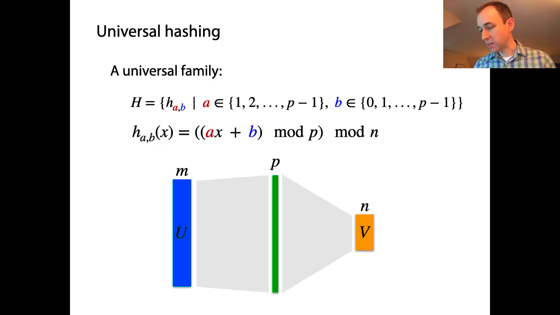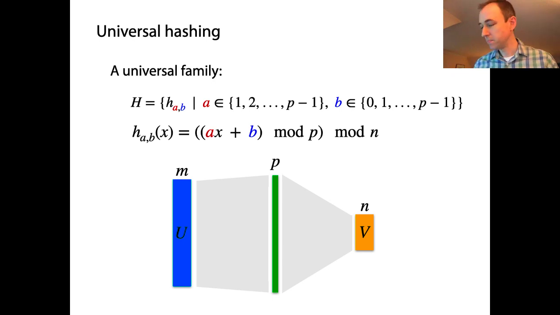It's going to take the value x, multiply it by a, and then add b. But we are going to then take the remainder after integer division by p. In other words, we're going to take that value modulo p. So we're going to take the remainder of ax plus b after integer dividing by p.